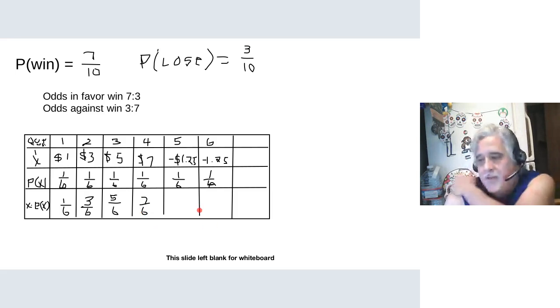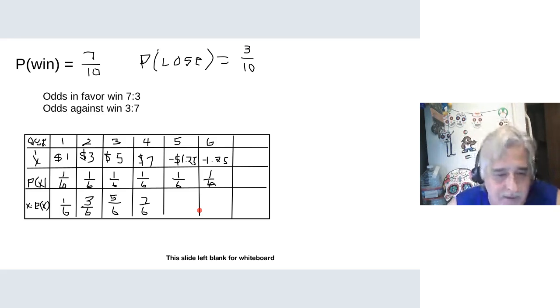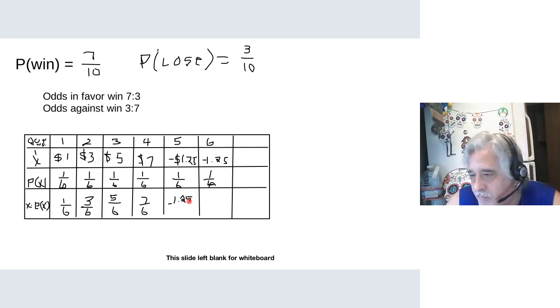And then this one is weird because it's got a quarter in it. I'm going to put it in the calculator, and it's 1.25 over 1, times 1/6. I'm just going to write it like this for right now. It's not a formal fraction, but we'll straighten it out.